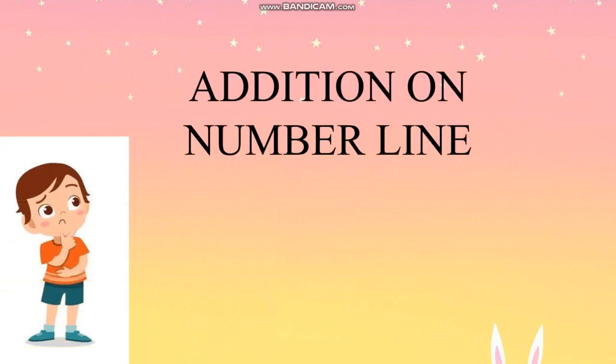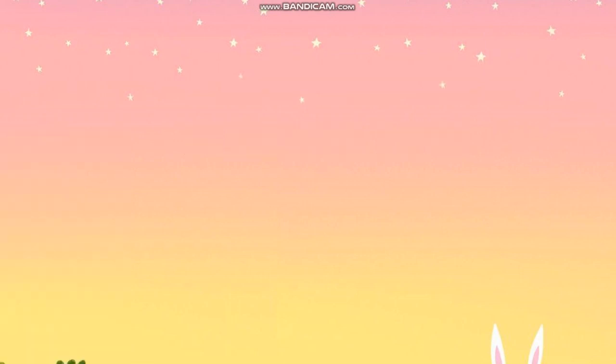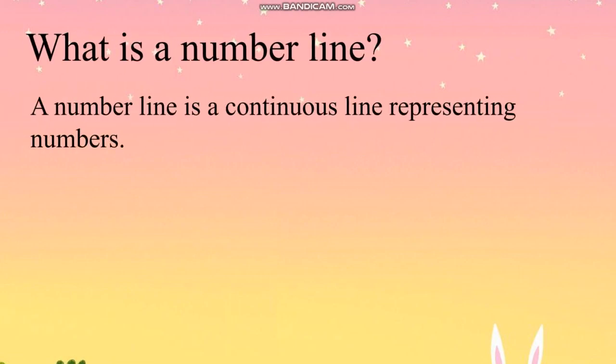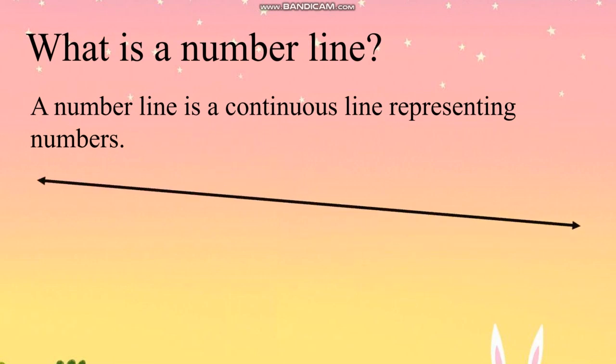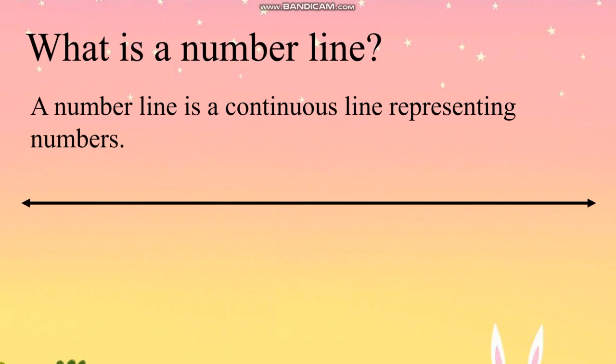Now I have already explained to you what a number line is, but let us see again. A number line is a continuous line representing numbers. I already told you what a continuous line is. It is a line with arrows on both the sides.